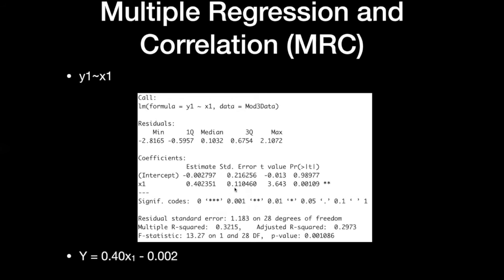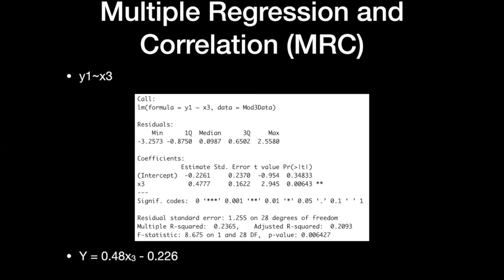So if you divide 0.4 by the standard error, 0.11, you will get the t value. Then to look up the critical p-value, you'll find that it's below 0.05.